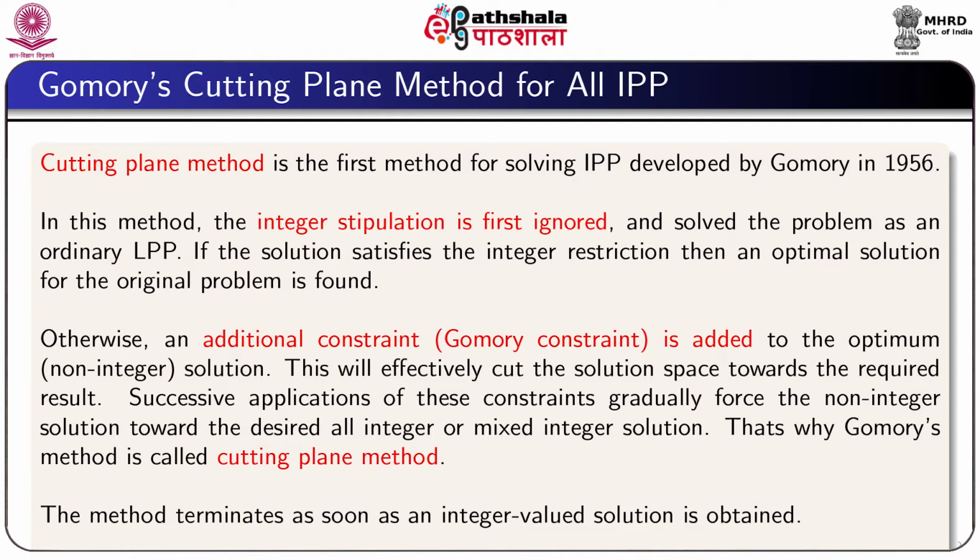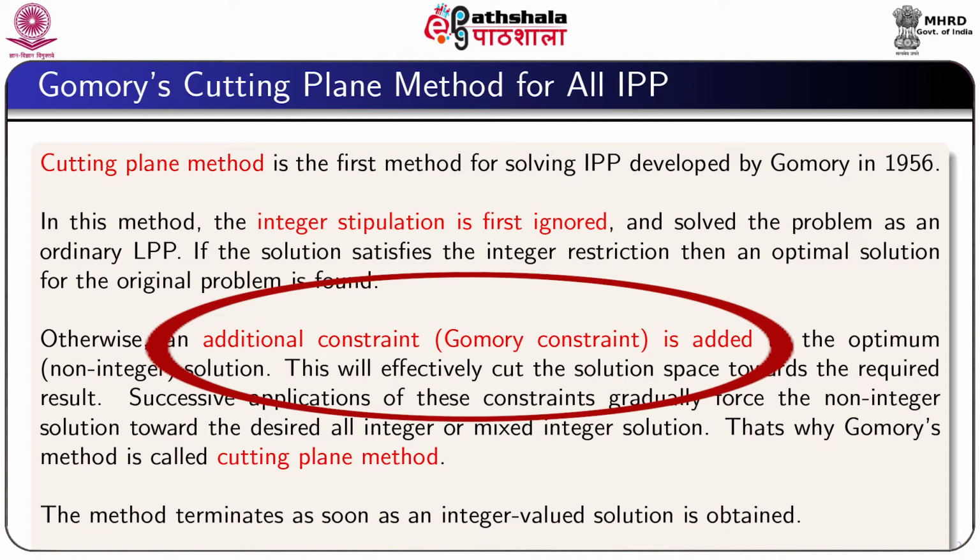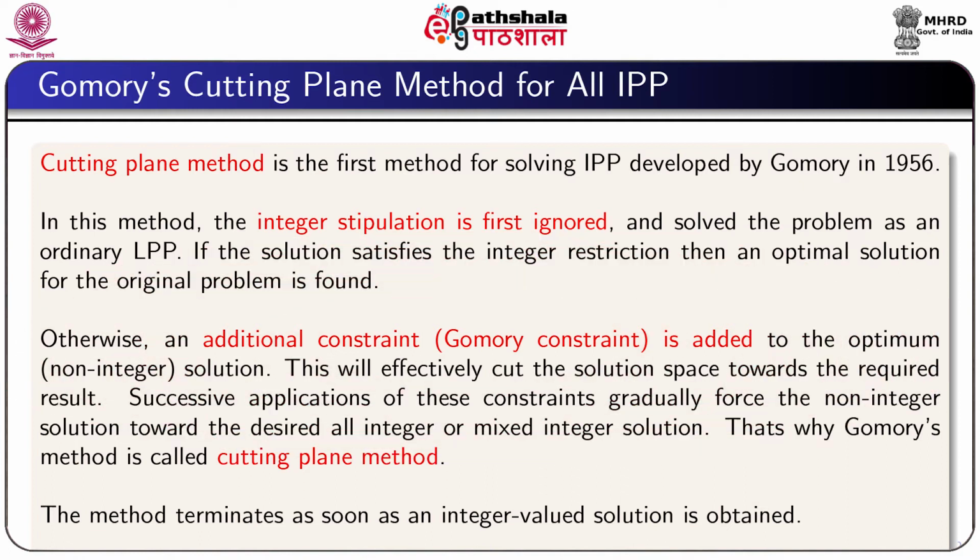If not, then an additional constraint is added, and by the name of Gomory, we call this constraint the Gomory constraint, and we add this constraint to the optimum solution.